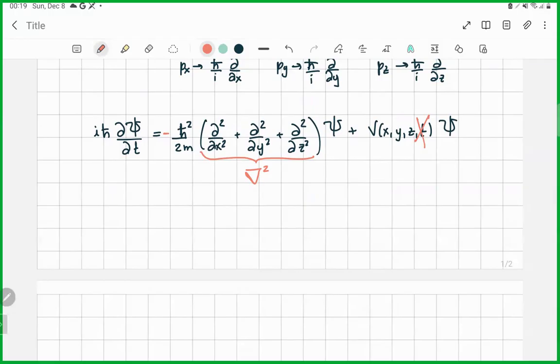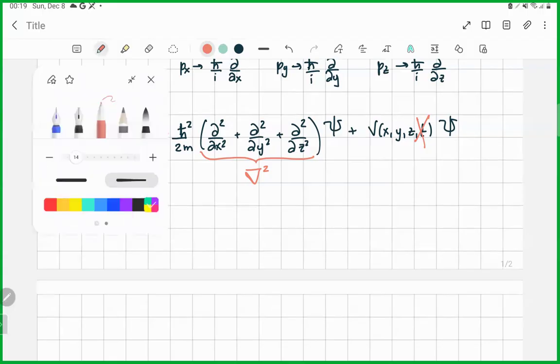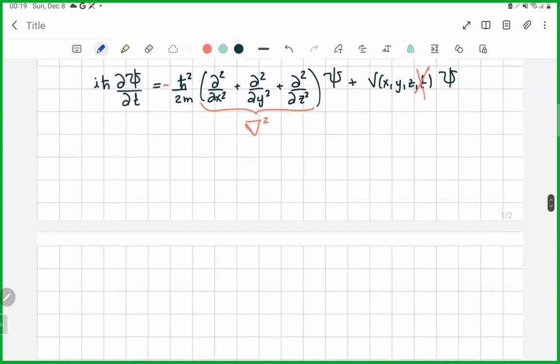Because the potential does not depend on time, we are going to be able to split this equation into 2 parts. One that depends only on space, and the other one that depends only on time. This is something that we already did in chapter 2. And so here I'm just going to go for the result of that splitting.